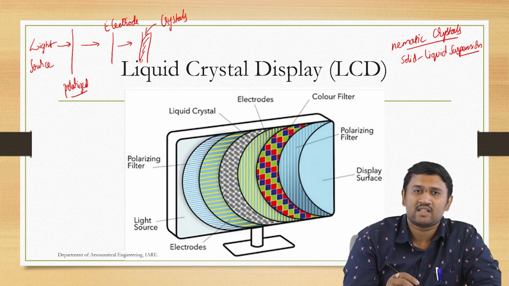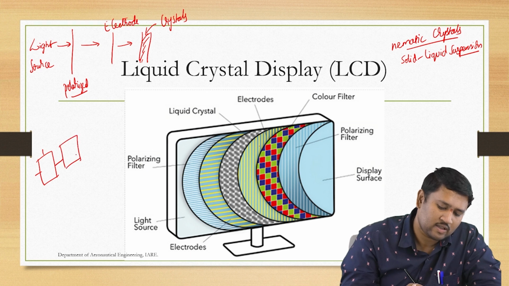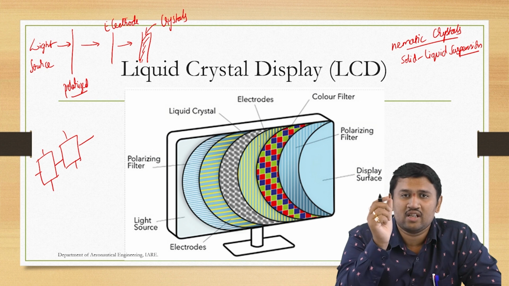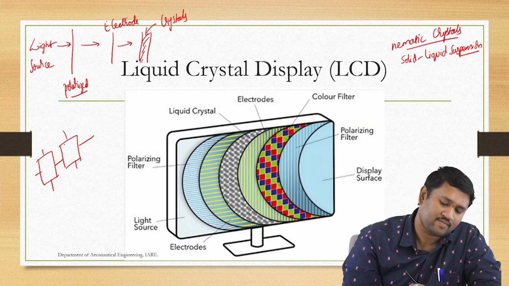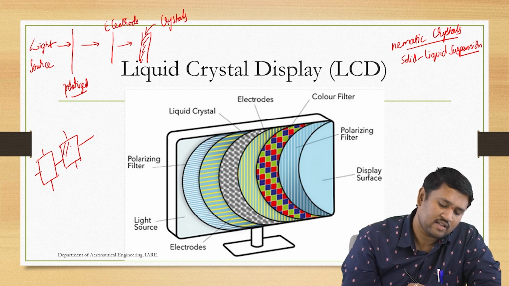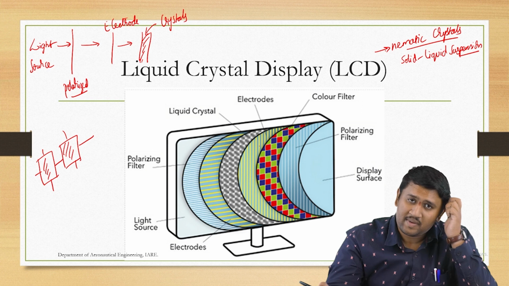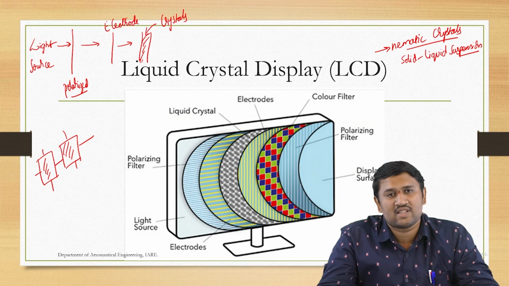right? These crystals are kept in small cells, particularly liquid cells, which are connected all together. Now, based on the requirement of the picture at a particular pixel, what we will be doing is adjusting the small electropotential along this cell, right? This cell containing your nematic crystals, as we have discussed, will be orienting themselves to create a small or temporary polarizing filter to block out the unwanted light, right?